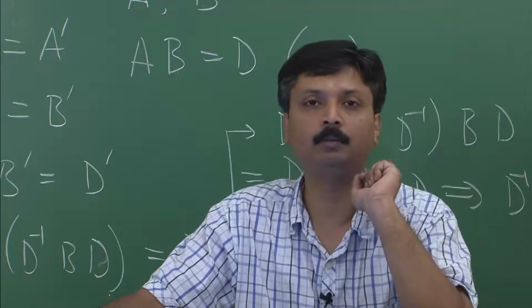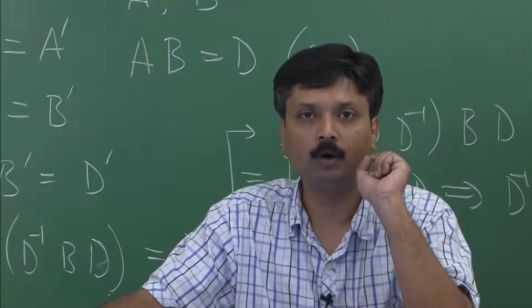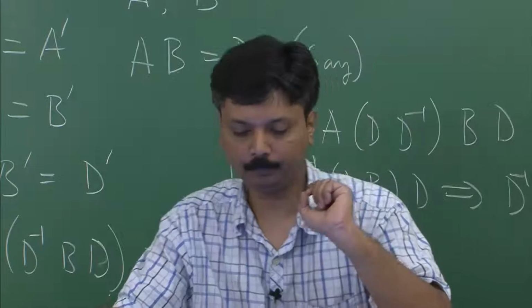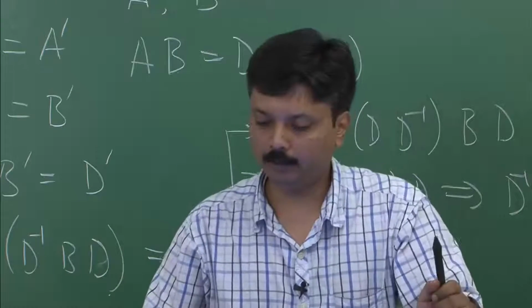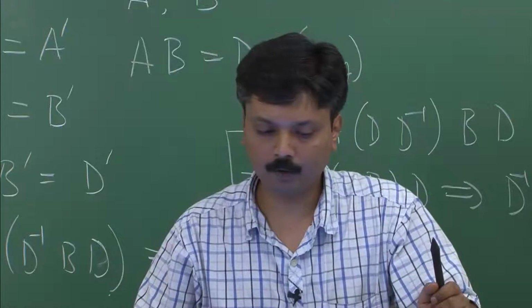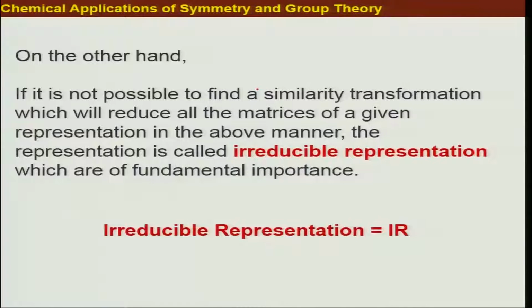Then the original representation that I formed is called a reducible representation. Okay, and on the other hand, if it is not possible to find a similarity transformation which will reduce the matrices of a given representation, the representation is called an irreducible representation, or in short IR. We will be using this term very often henceforth, that is irreducible representation, or in short IR.